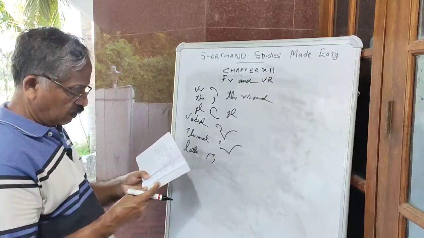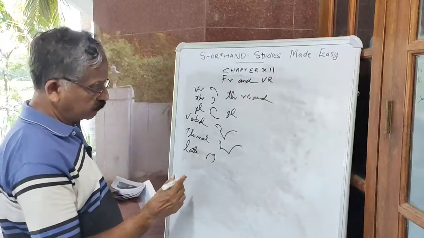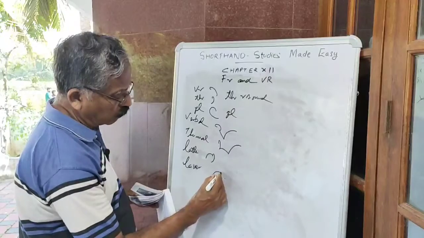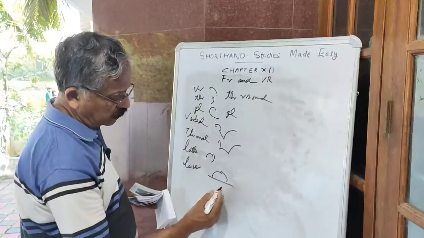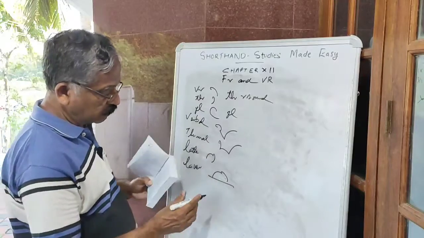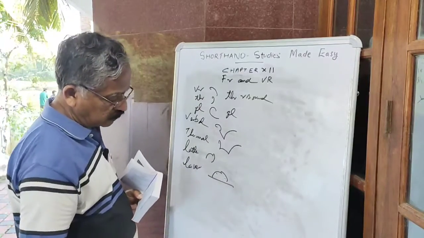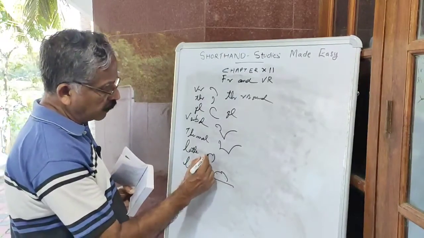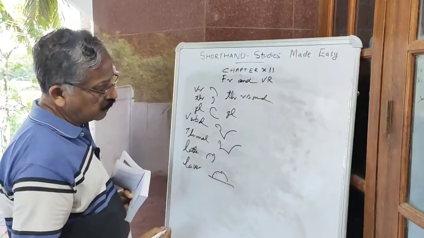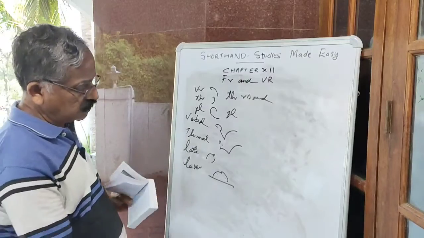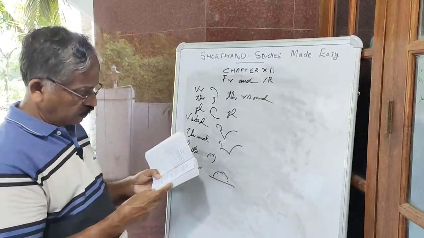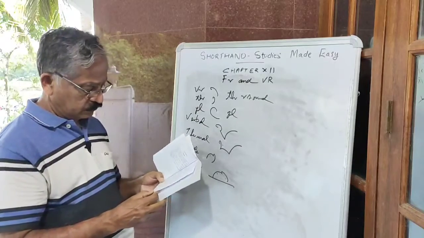Then lover. How do you write lover? Lover on the line. After that, the vowel is also marked. Lover like this. Leather. Thermal like this. The vowels are coming, so you have to note the vowels also.